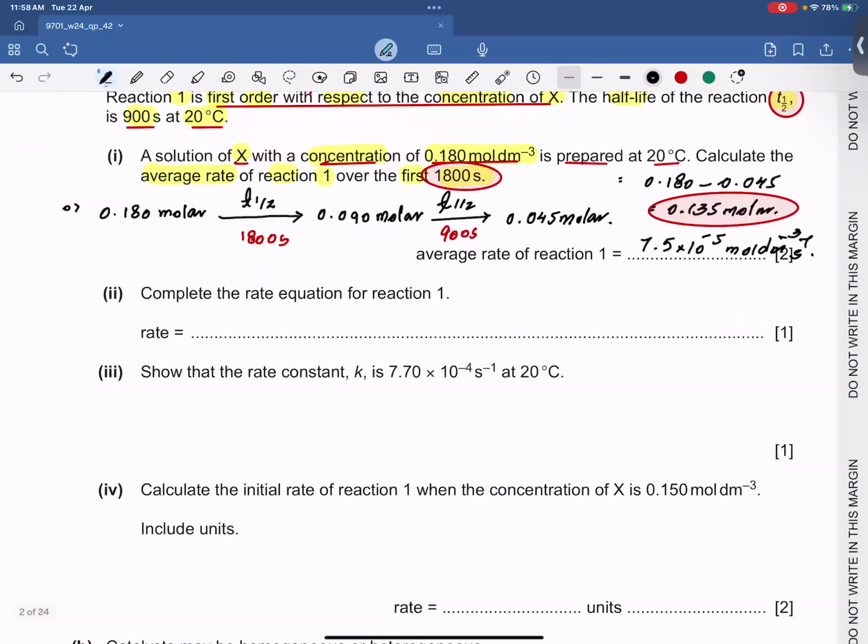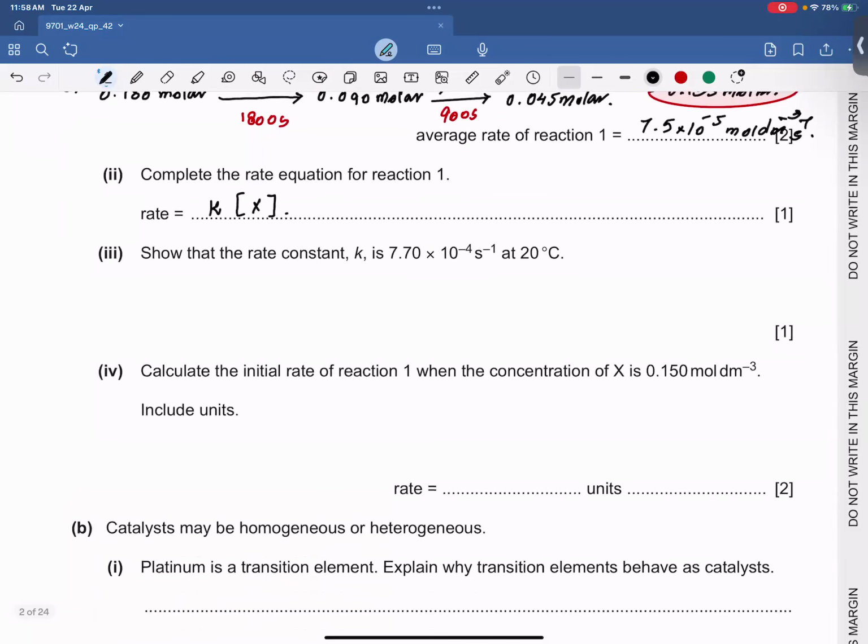Complete the rate equation for reaction 1. So that's rate equals K concentration of X. Show that the rate constant K is this at 20 degrees Celsius. Let me write the rate equation first.